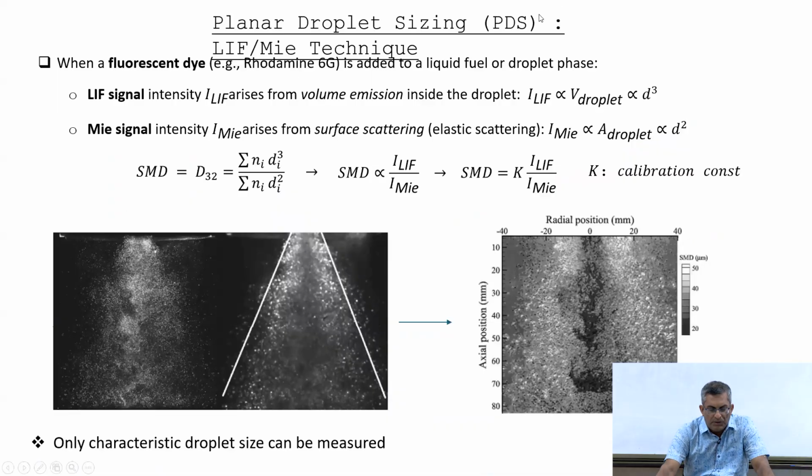So now we will look at another planar droplet sizing technique, which is known as PDS or planar droplet sizing technique. This is also known as LIF-Mie technique. Why? We will see this. In this case the principle is that we add some fluorescent dye, for example rhodamine 6G, to the liquid. This is meant mainly for sprays, for spray measurement.